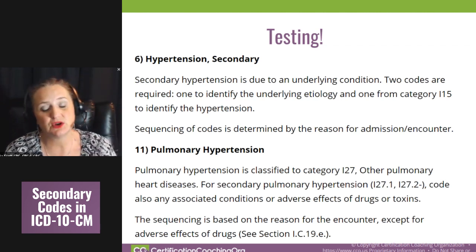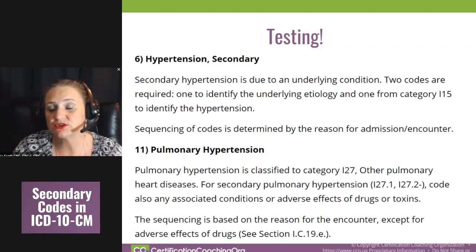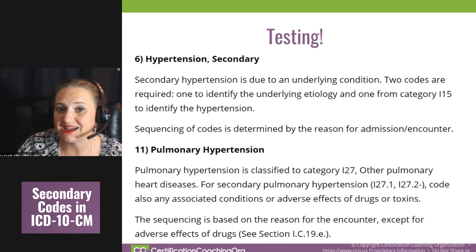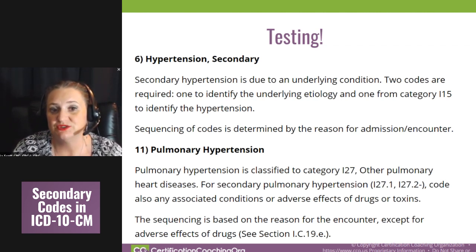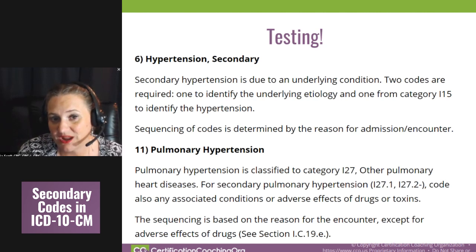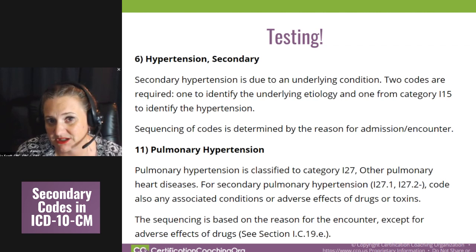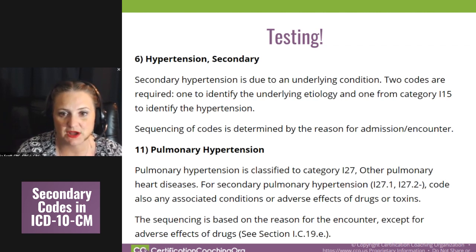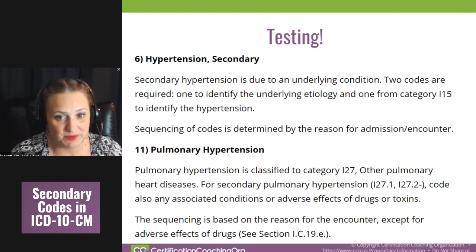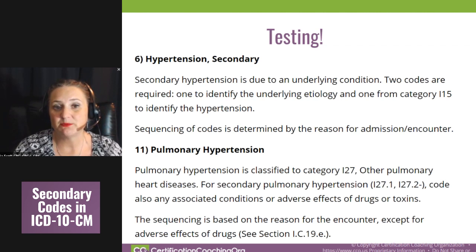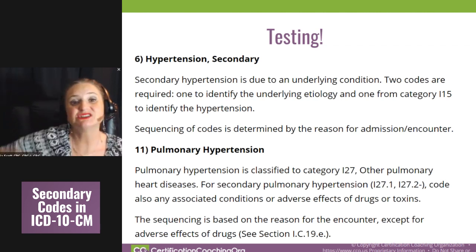Now, most of us know, especially new coders, one of the first codes that you learn is I10, because so many people have hypertension, and it's all kinds of hypertension. It could be malignant hypertension, essential hypertension, et cetera, but it cannot be a specific type of secondary hypertension because it's got its own code, and it's an I15.